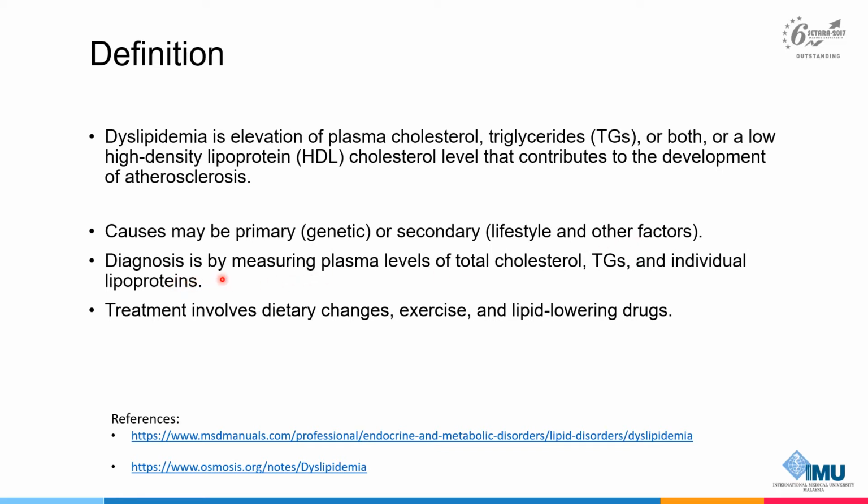That is by measuring the plasma level of total cholesterol, triglyceride, and individual lipoproteins. This is the test that we do in clinic, and the test is commonly known as lipid profile test. The treatment for dyslipidemia mainly involves dietary changes, exercise, and in some cases, lipid-lowering drugs are administered.